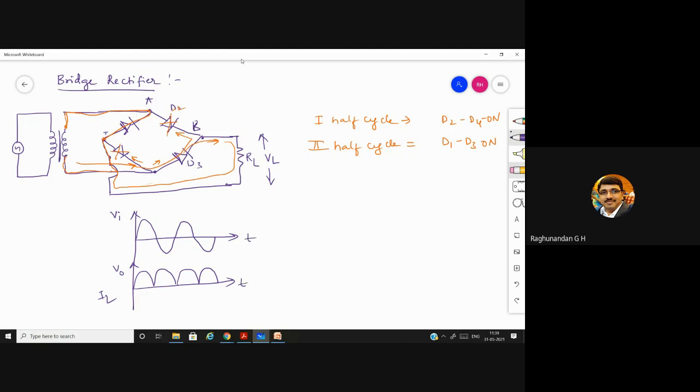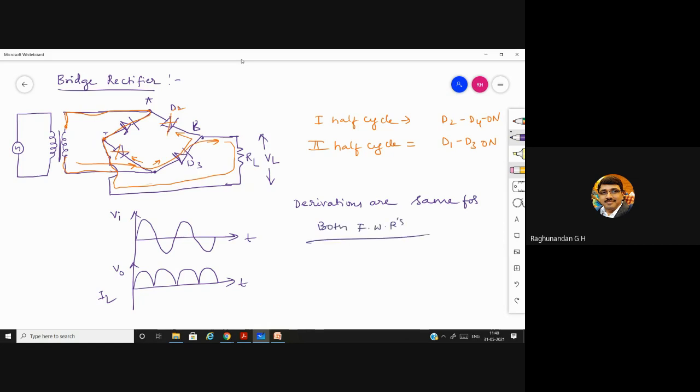Coming to the derivations of bridge rectifier, purposefully they'll ask you to derive the equation for bridge rectifier. None of the books gives the derivation for bridge rectifier because the derivations are the same for both full wave rectifiers.